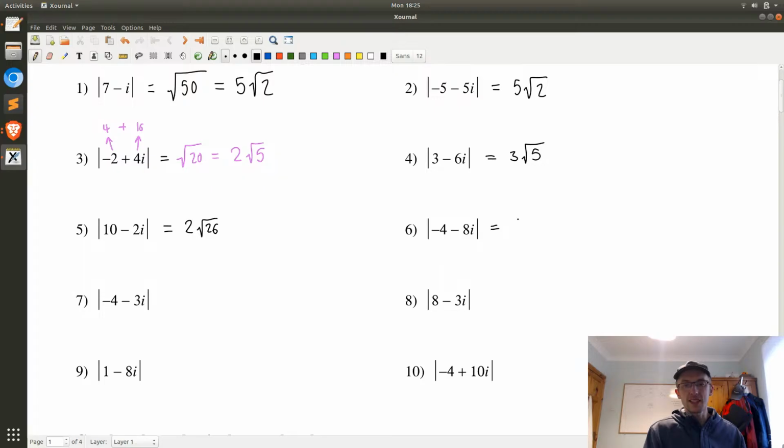16 add 64 is 80, which is 4 times root 5. This is the 3, 4, 5 triangle, is it not?